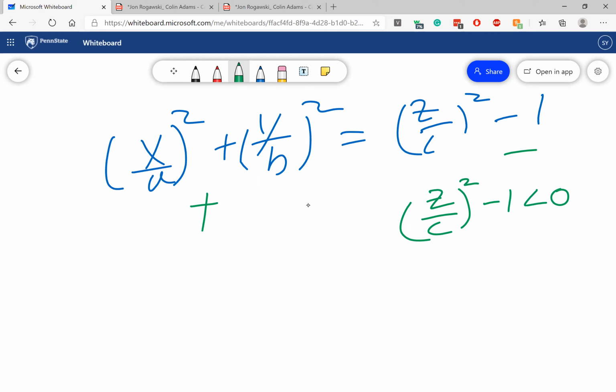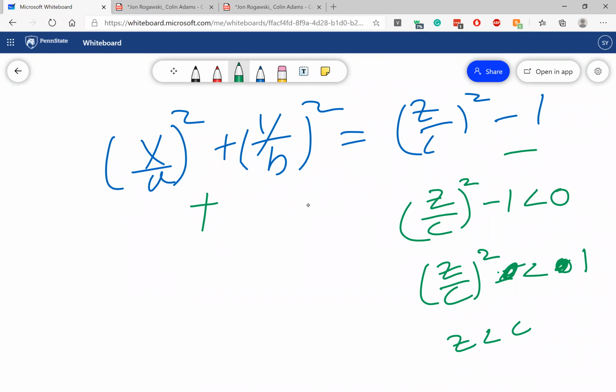At which point you cannot have a positive number equaling a negative number, so you just won't have a solution. And this happens when z over c squared is less than 1, which happens when z is less than c. Which makes sense. When z is less than c, this would be negative.